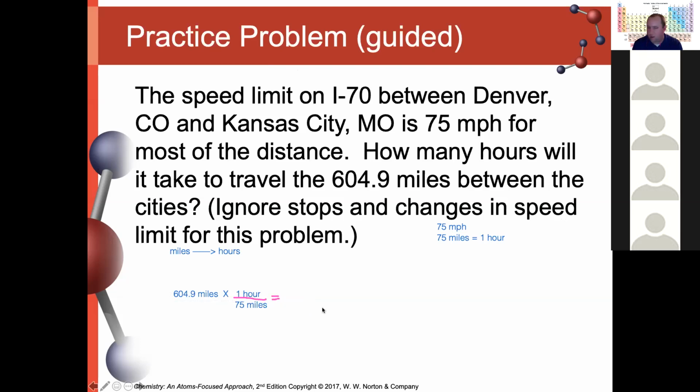If we take that 604.9 miles and divide it by 75 miles in 1 hour, we can see that the miles in our numerator cancel out with the miles in our denominator. If you plug that into your calculator, it gives you something like this.